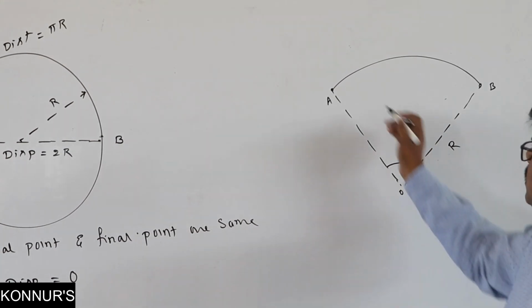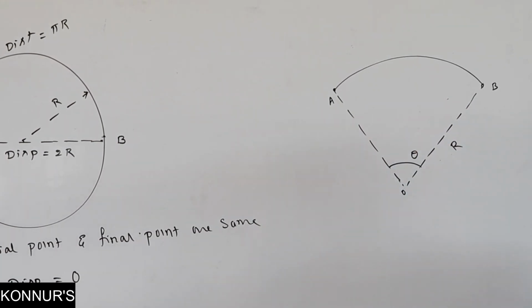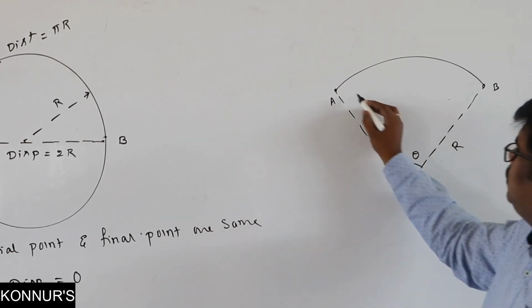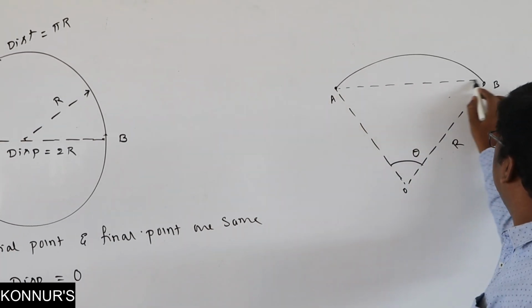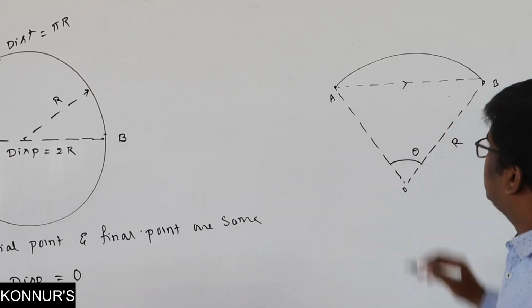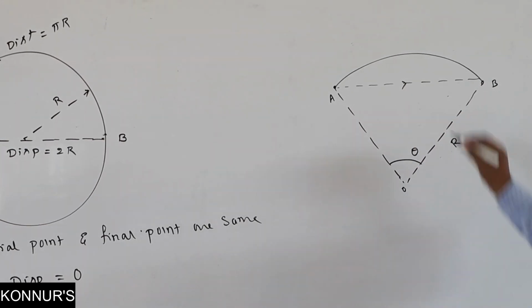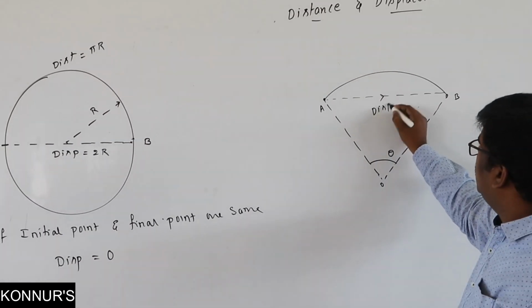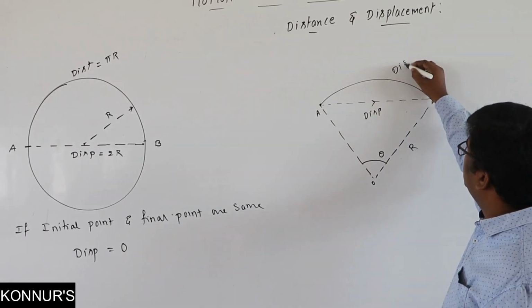Then in this case, what are the distance and the displacement? Here the shortest path length is the displacement, and the actual path is the distance.